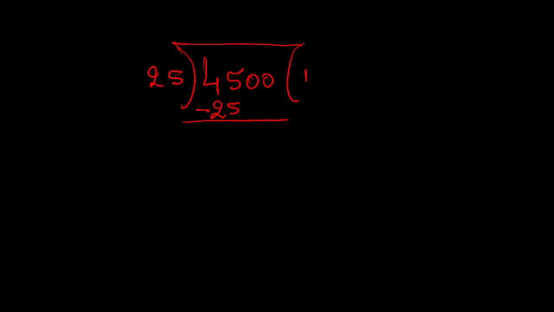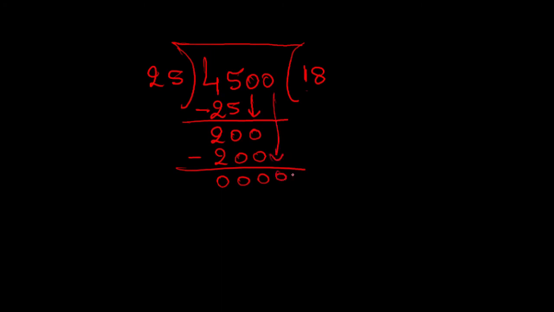Now 45 minus 25 is 20. And here 20 is lesser than 25, so we will bring down 1 0. And now the equal value which we can take is 8. So 25 into 8 is 200. Now 200 minus 200 is 0. Now here we have another 0 extra. But if we bring down this 0, it will be 0 again. Now this remaining 0, we will add it in the quotient. So we will get 180 glasses as our answer.